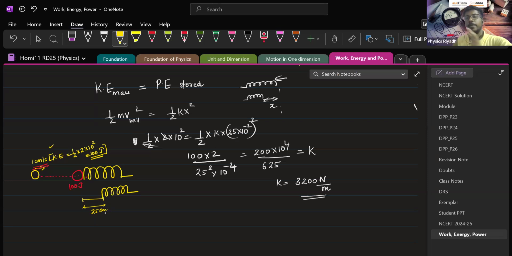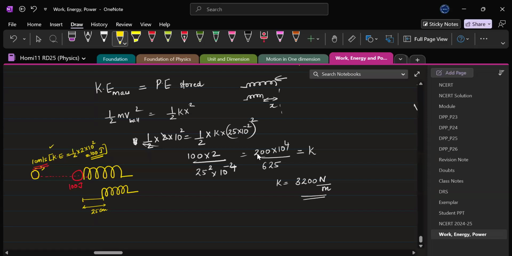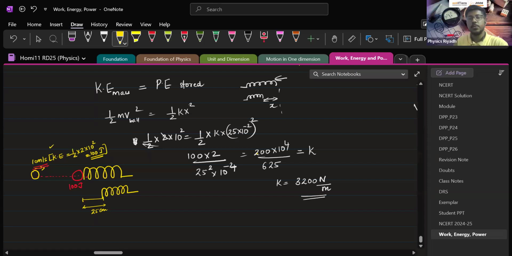Why? Because when you compress the spring, the potential energy is stored in the spring. Is that clear, Rehan? Yes, sir. So we can say the entire kinetic energy is equal to the entire potential energy now in the spring, because the entire kinetic energy that the ball had is used up in creating the potential energy in the spring.